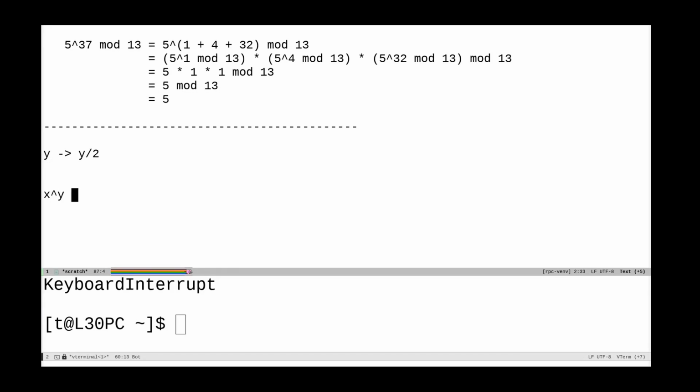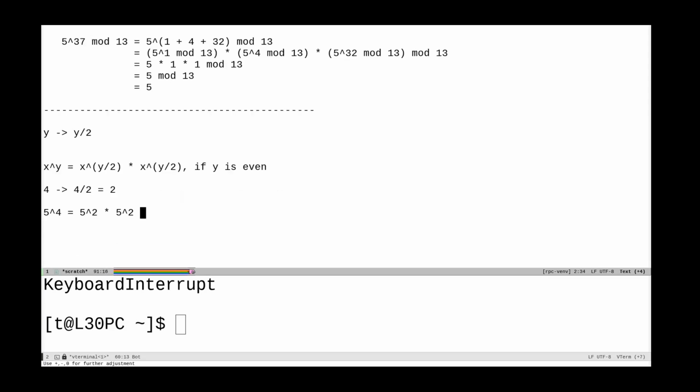Then doing x to the y is like doing x to the y over 2 times x to the y divided by 2. This is mathematically correct if y is even, of course. It's like saying 4 divided by 2 is 2, which means that 5 to the 4 is 5 to the 2 times 5 to the 2.